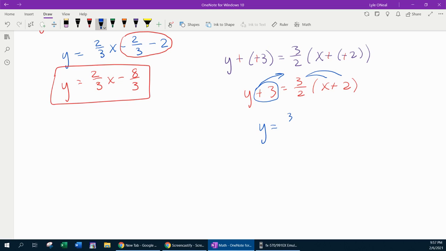So we're going to have 3 halves x plus 3 halves times 2, that's 3, minus 3 from the plus 3 coming over. Oh, and look at this. 3 minus 3, those cancel. So our equation simplifies to just y equals 3 halves x.